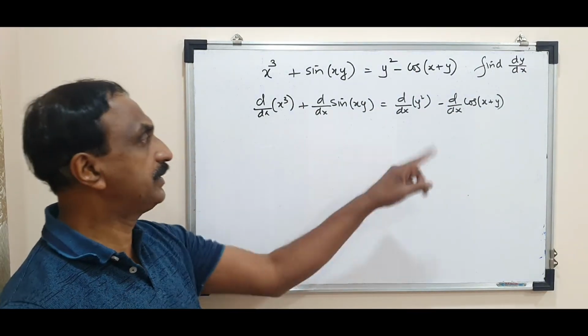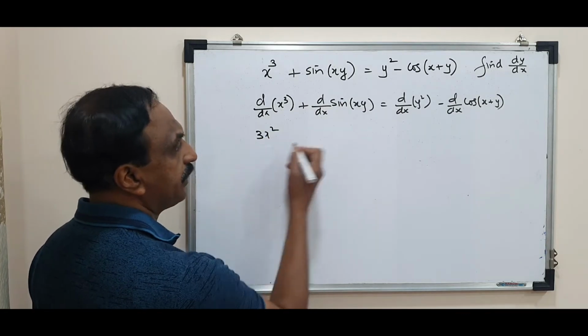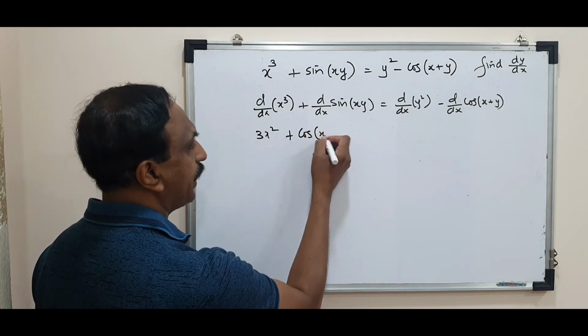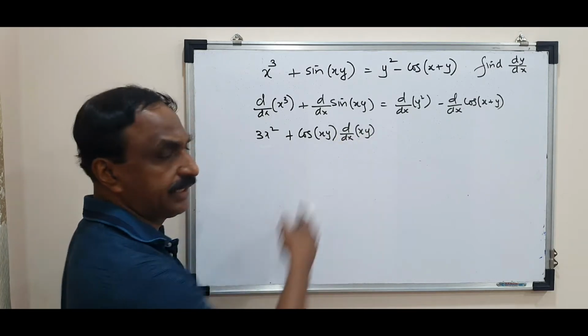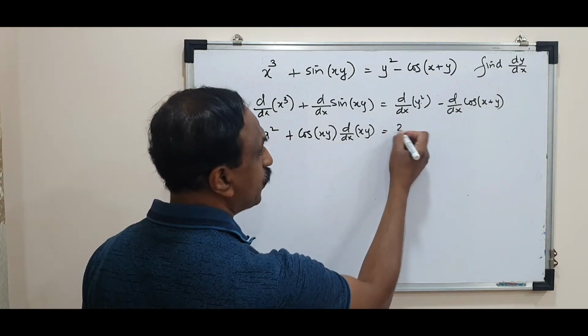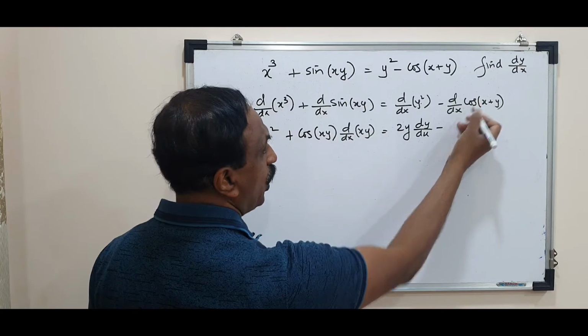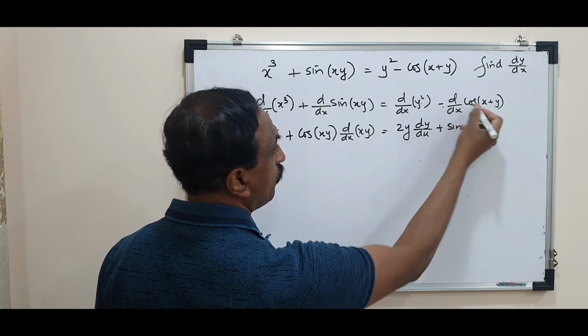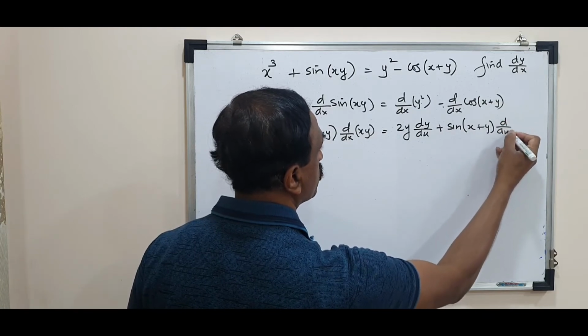No need to bring them to one side, etc. So you get 3x square, derivative of sine is cos xy into derivative of xy. Try writing this every time, otherwise you may go wrong. Derivative of y square, 2y into derivative of y. Derivative of cos is minus sine of x plus y into derivative of x plus y.